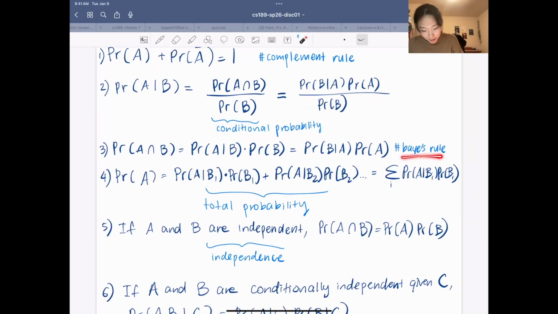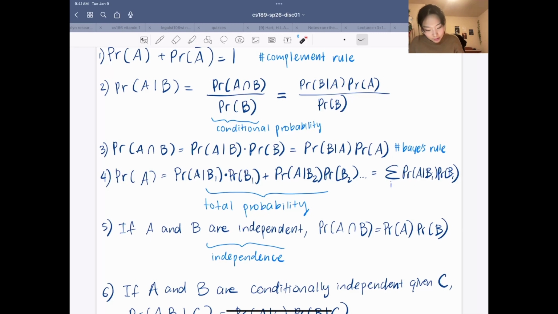Now we're going to be talking about Bayes' rule. Bayes' rule says that the probability of A happening and B happening is equivalent to the probability of B times the probability of A given B, and this is equivalent to the probability of A times the probability of B given A. In all three of these scenarios, you end up having both event A and event B happening, so logically that makes sense.